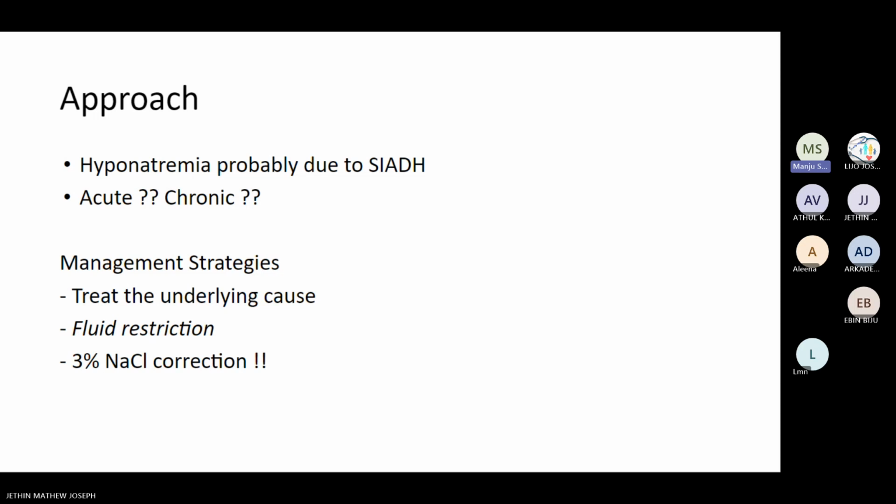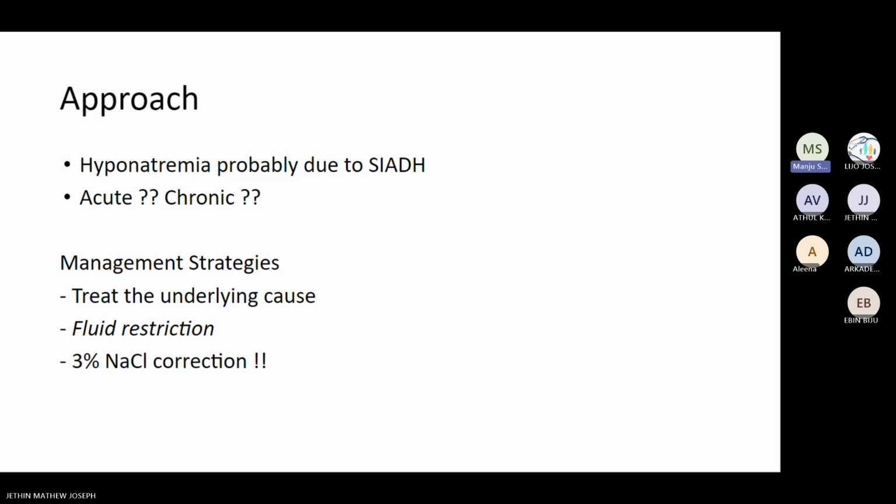As Jatin explained, the symptoms could be as severe as your convulsions and altered mental status to something as mild or disregarded as a frequent fall or gait instability that has been noticed recently. So in this case scenario, none of this information has been given to us. So we can't really judge whether the patient is having an acute or a chronic hyponatremia. We'll just assume that it has happened with the infection.